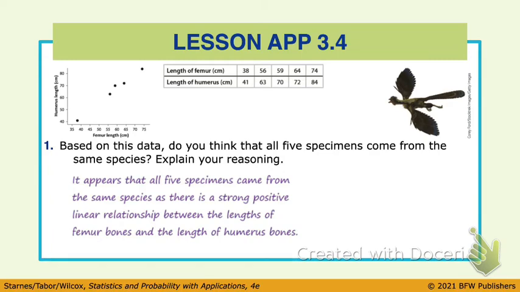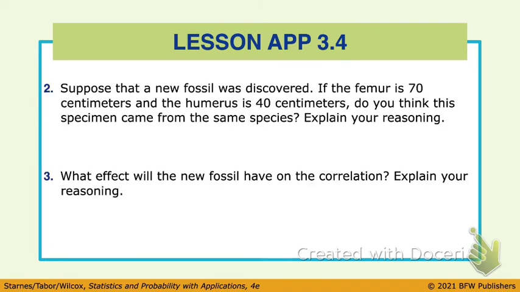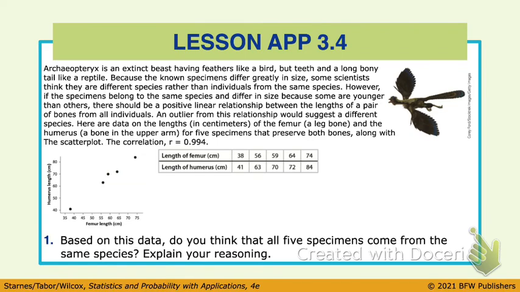All right, number 2. Number 2 says, suppose that a new fossil was discovered. If the femur is 70 centimeters and the humerus is 40, do you think this specimen came from the same species? So if I go to the femur of 70 and a humerus of 40, I would be right down here.